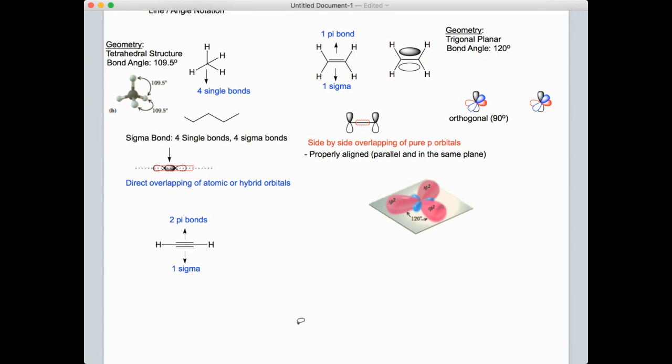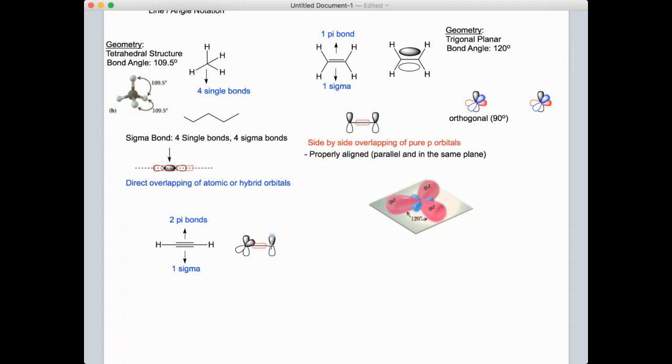As I said, pi bonds are the result of side-by-side overlapping of p orbitals. So in this specific case, one pi bond will be, as we showed before, and the second pi bond will have to be perpendicular, 90-degree angle from the first pi bond, because we know that p orbitals are at a 90-degree angle from one another.